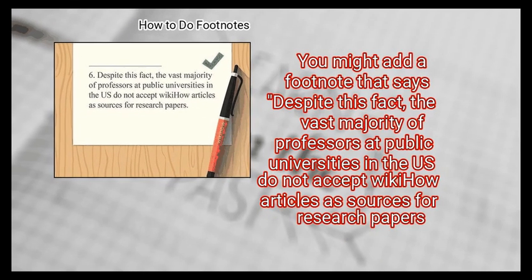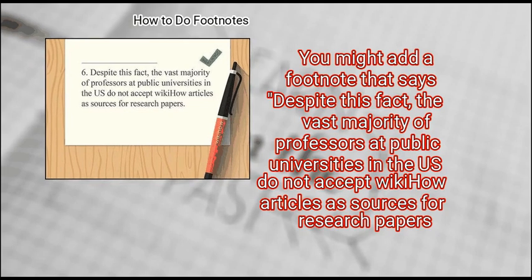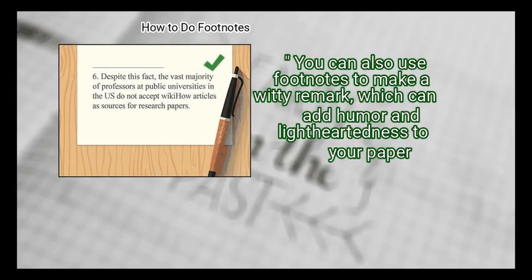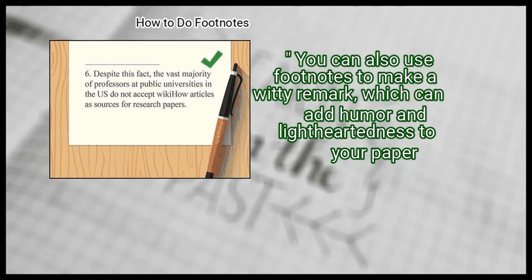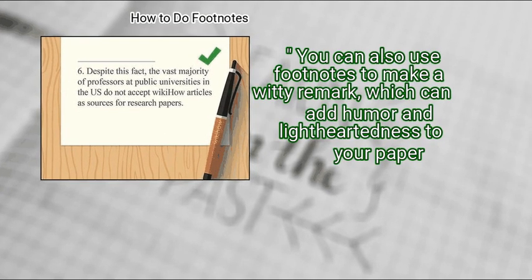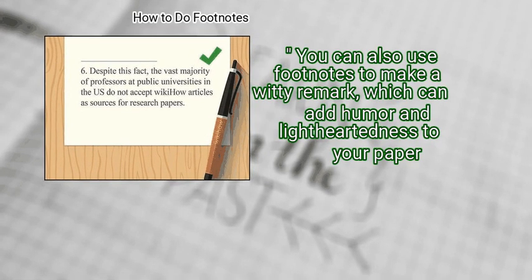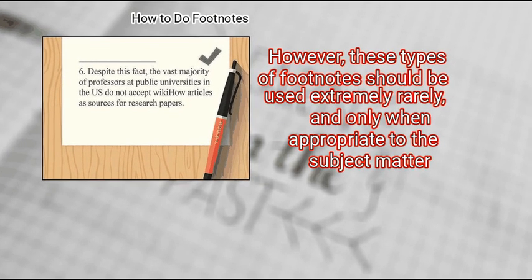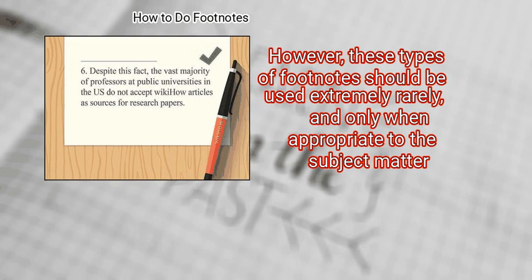You might add a footnote that says, "Despite this fact, the vast majority of professors at public universities in the US do not accept WikiHow articles as sources for research papers." You can also use footnotes to make a witty remark, which can add humor and lightheartedness to your paper. However, these types of footnotes should be used extremely rarely, and only when appropriate to the subject matter.